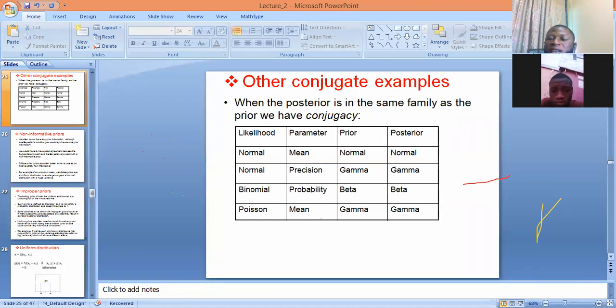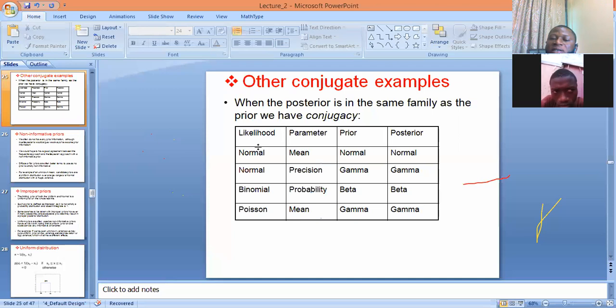So if I take a normal prior for parameters and multiply that by data that has a normal distribution, then the posterior is also going to be a normal distribution. When you have such priors, we call them conjugate priors.